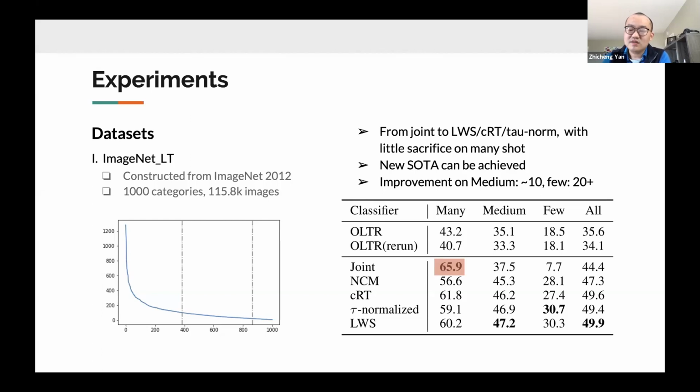So we think class rebalancing is a really easy way to improve performance on those tail classes. Retraining the classifier or just picking a reasonable value of tau is a relatively small optimization compared to learning the backbone model jointly with the classifier.